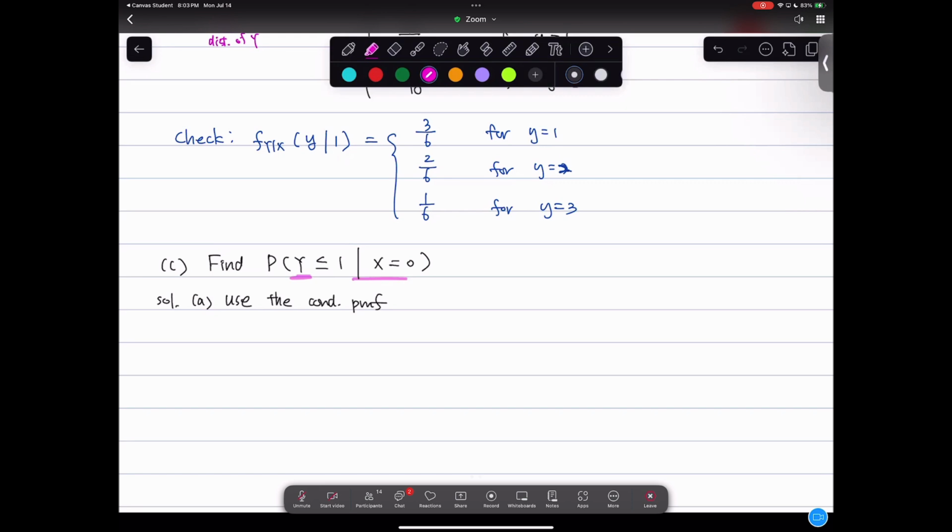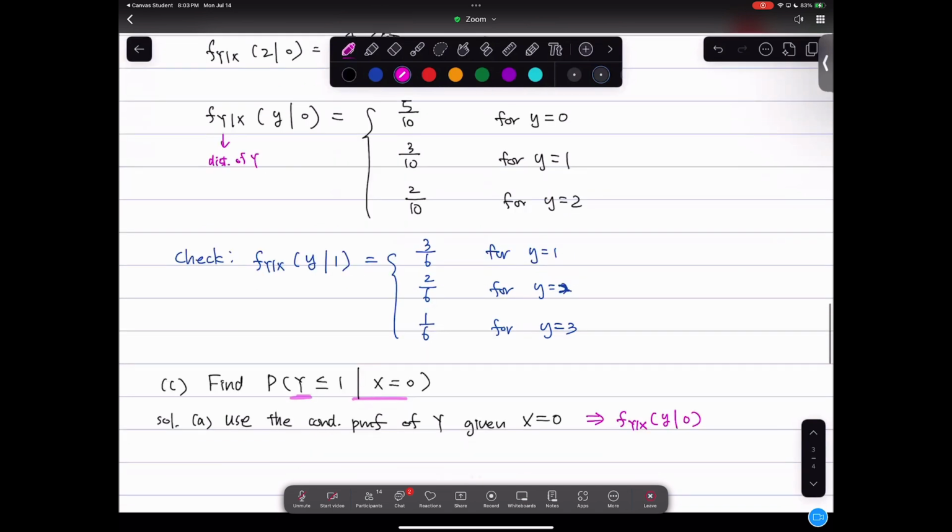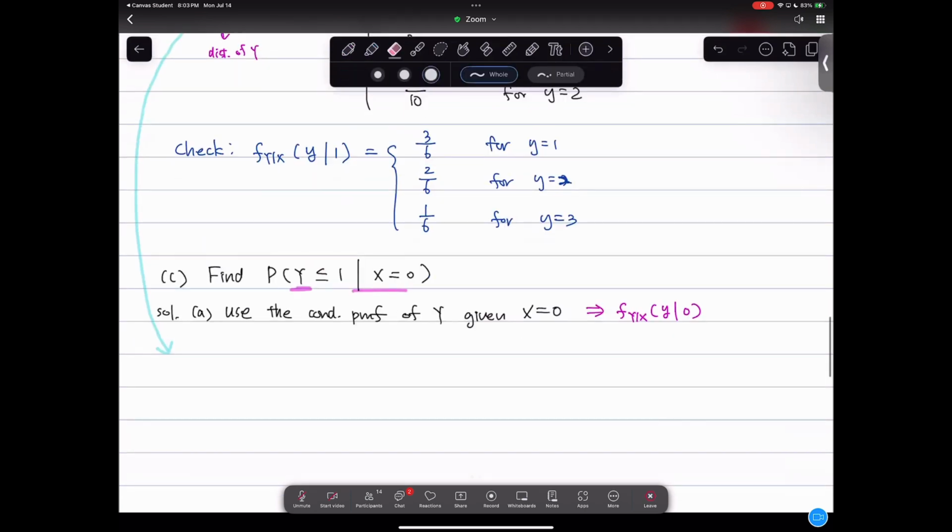Let's use the PMF of y given x equals 0. Remember what this is: f of y given x, and y can be any number, but x has to be 0. So I can make use of this, which is right here. Let me make use of that distribution, which I have already.